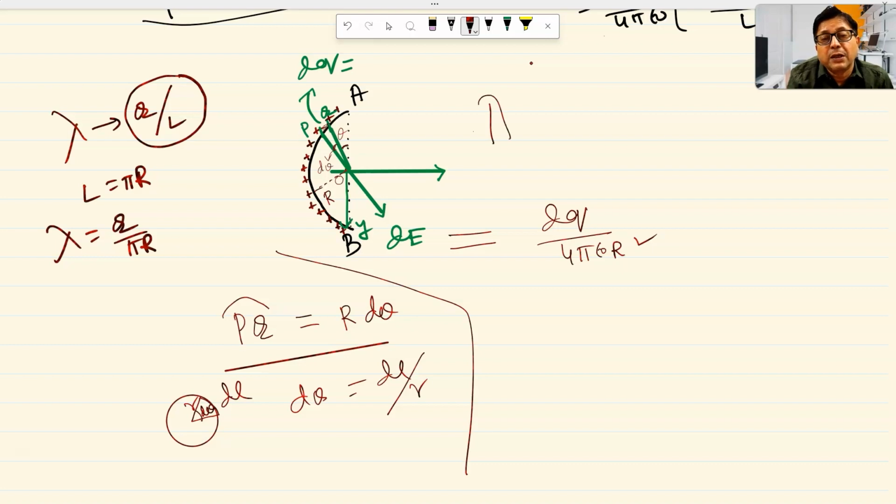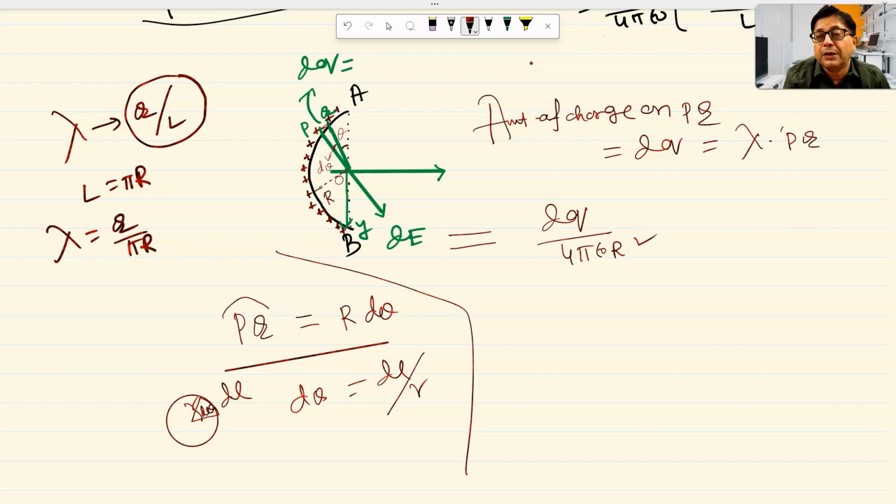Then what will be the amount of charge on the elemental portion PQ? It will be equal to dq. That dq is lambda into the length of PQ. Length of PQ is r d theta, so lambda into r d theta.